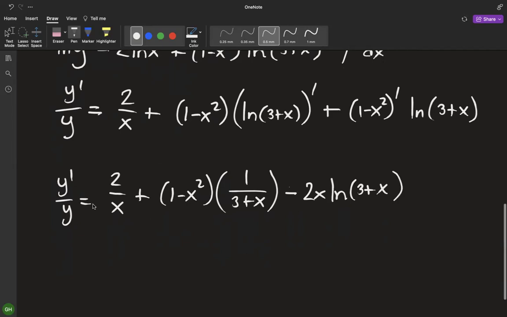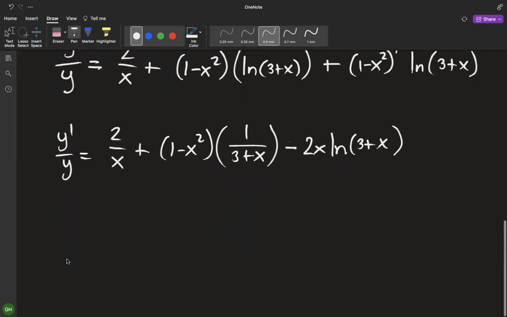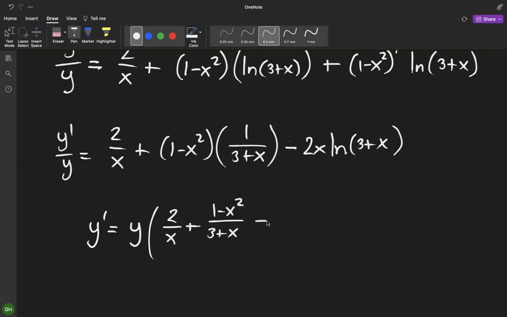And then I just need to solve this for y prime, so I'm just going to multiply over the y. So y prime is equal to y times everything here: 2 over x plus (1 minus x squared) over (3 plus x) minus 2x ln of (3 plus x).